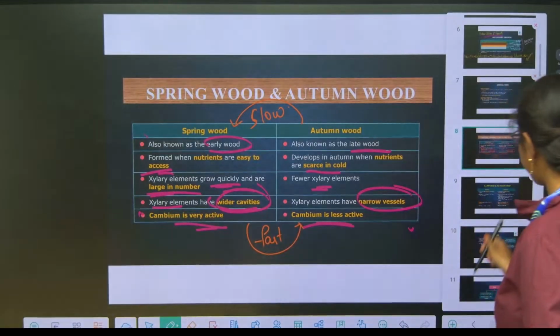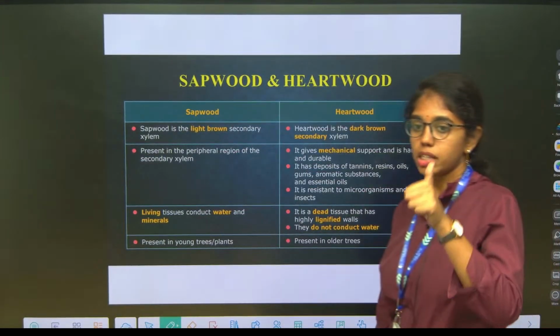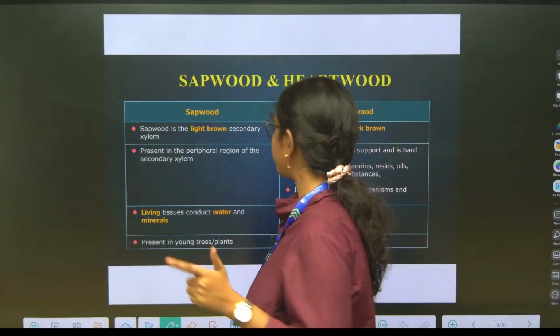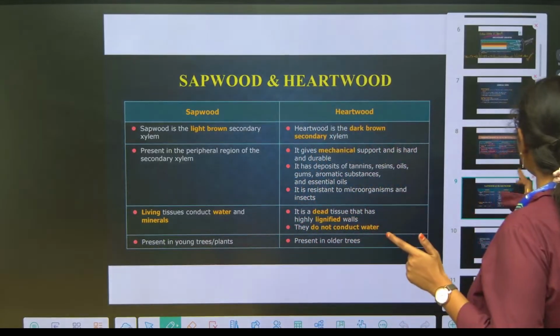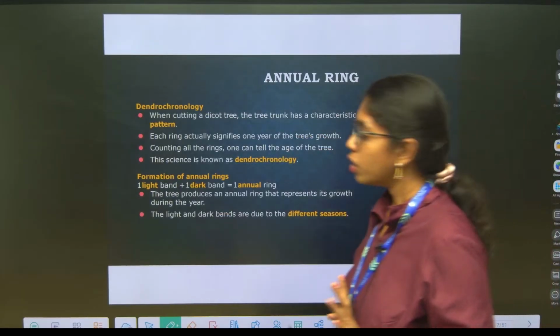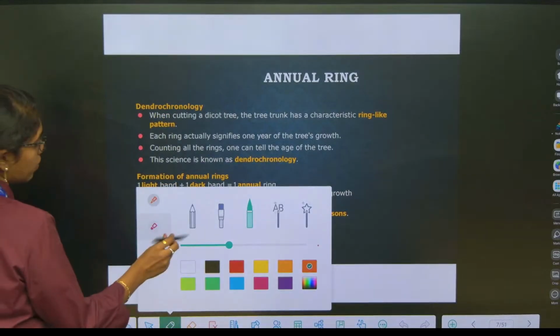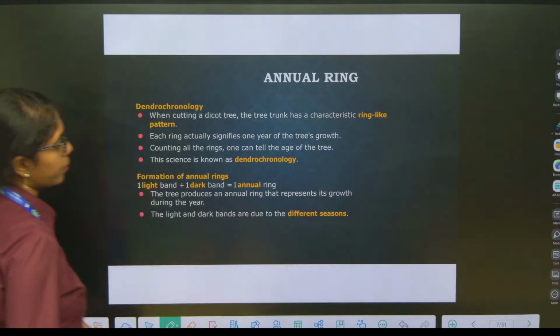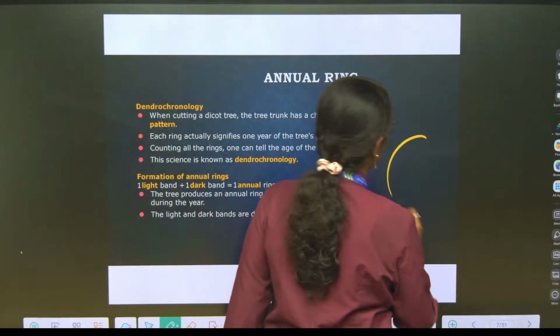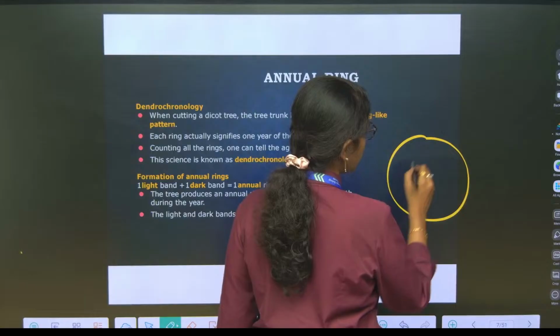Now you see. So, two woods are formed, one in spring season and one in autumn season. So, these two woods combined will form what? One annual ring. So, the band which is formed in the spring season will be light in color. This is spring wood.